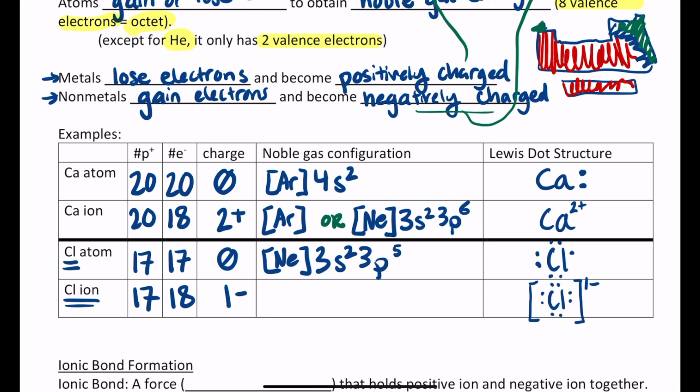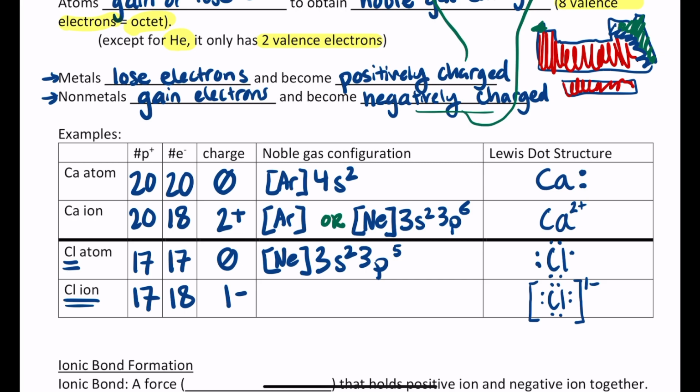So we'll say 3p5. And you can see here, if you add up the number of valence electrons, you have 2 and you have 5. So 2 plus 5 does equal 7. You have 7 valence electrons. And you can see here, oh yeah, we had 7 dots around the Lewis dot structure.